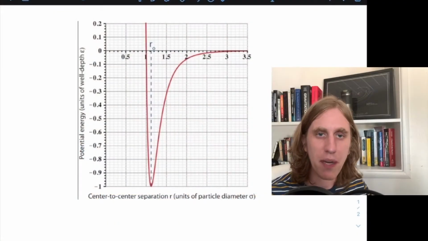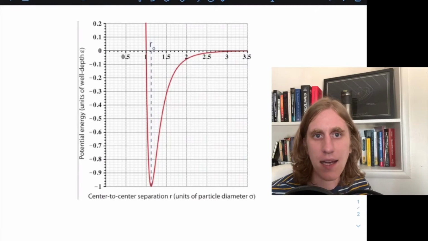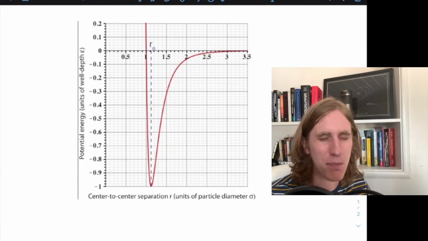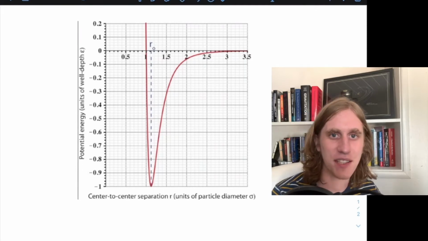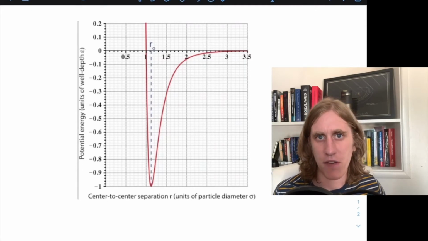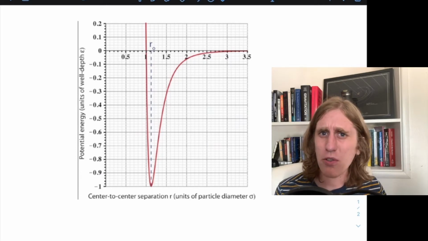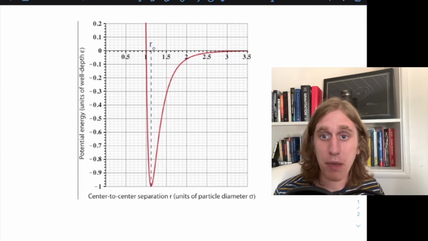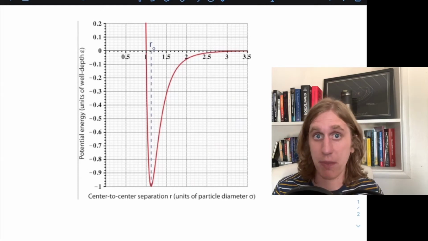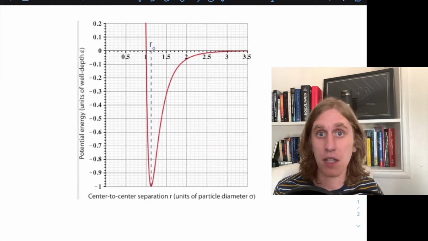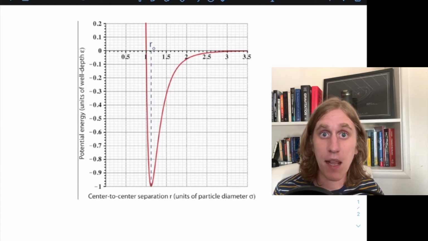Okay, so here's the Lennard-Jones potential. Now, you might look at this and be like, well, what information do we have that allows us to use this? To see, let's think back to our definitions. If two particles are sitting close to each other, they will be interacting according to the Lennard-Jones potential energy. The amount of potential energy they have will just be described by where they are on the Lennard-Jones potential energy graph.